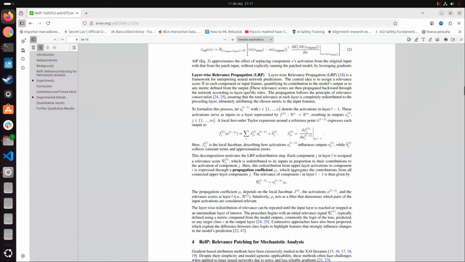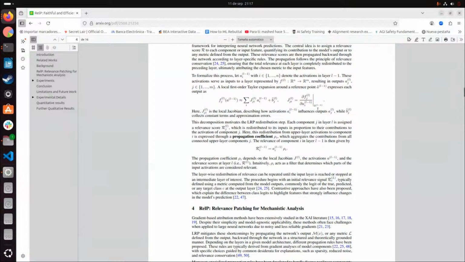These scores are propagated backwards through the network according to layer-specific rules. The operation follows the principle of relevance conservation, meaning the total relevance at each layer is conserved and passed to the preceding layer, attributing the chosen metric to the features. So basically, in this method, the relevance is conserved up to some constant at each layer.